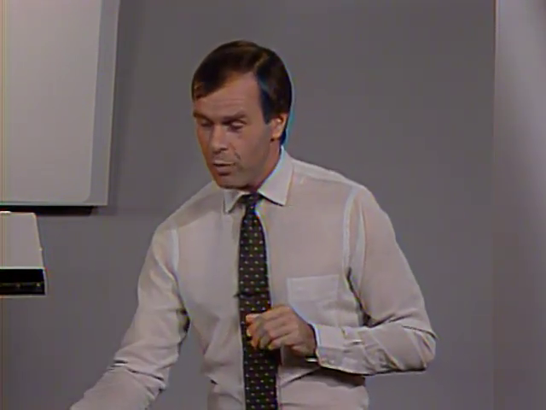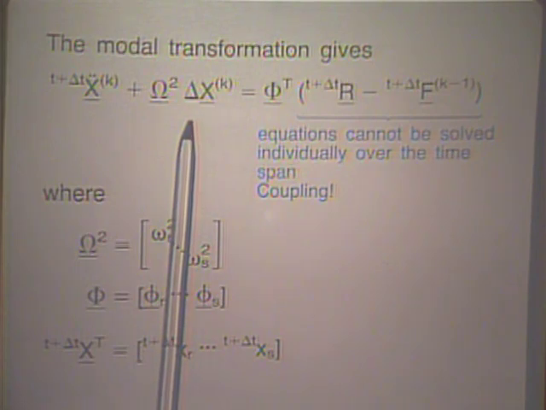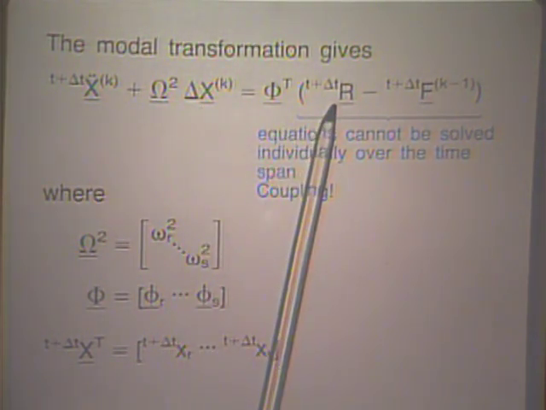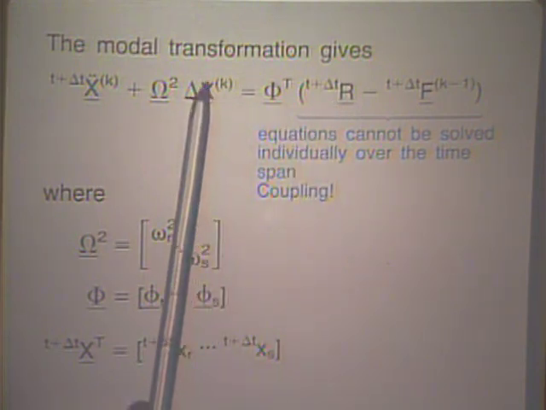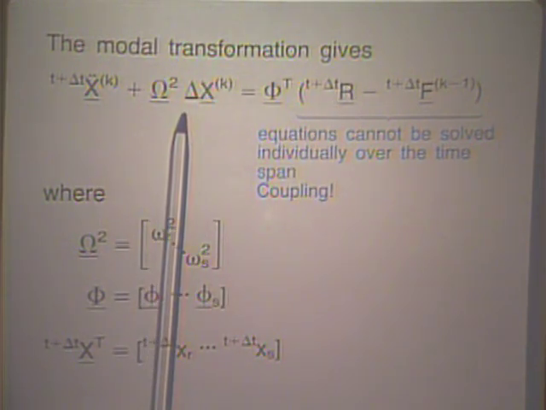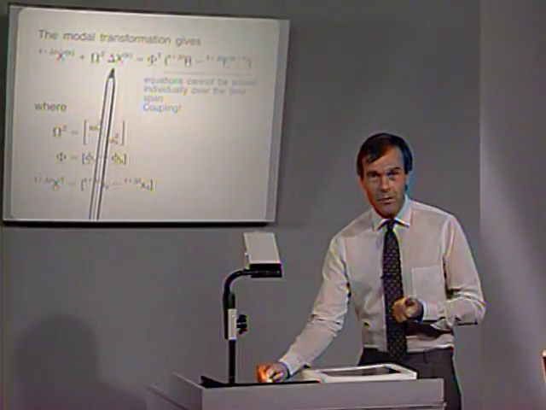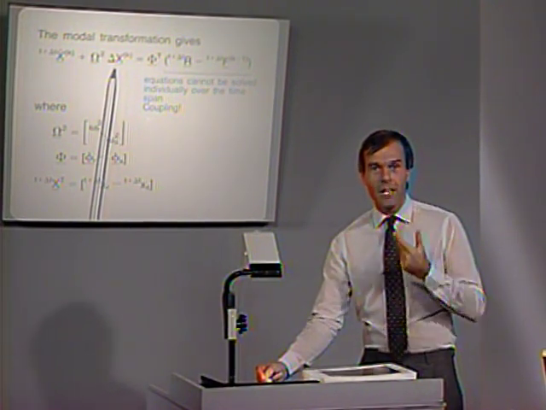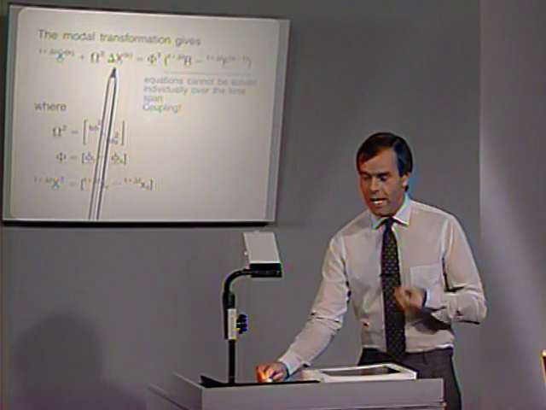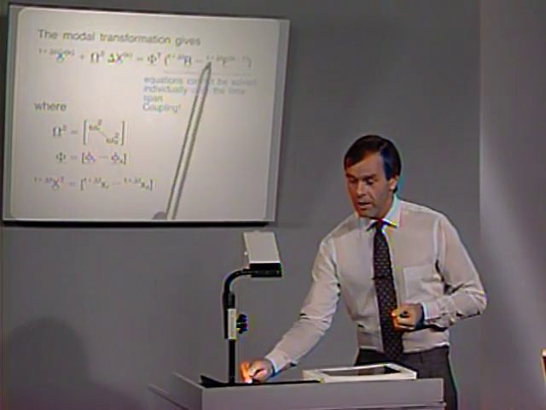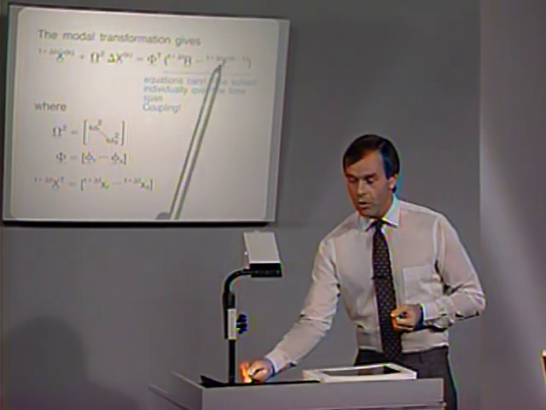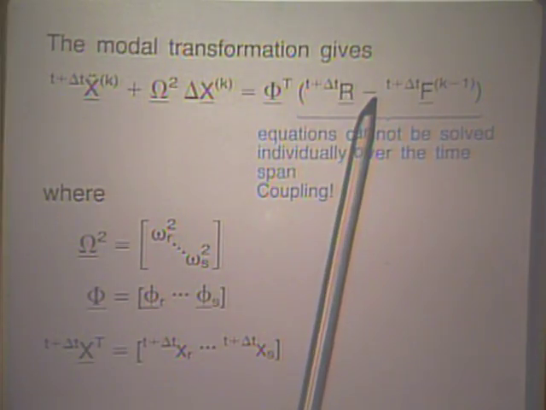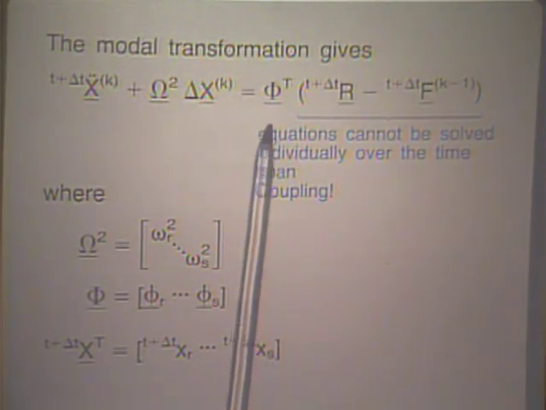In nonlinear analysis we still have to go step by step forward in time, solving all modal equations at time t, then all modal equations at time t plus delta t, then at time t plus 2 delta t, and so on. Because there is this coupling and because we don't know F unless we have all the information coming from all the mode shapes.